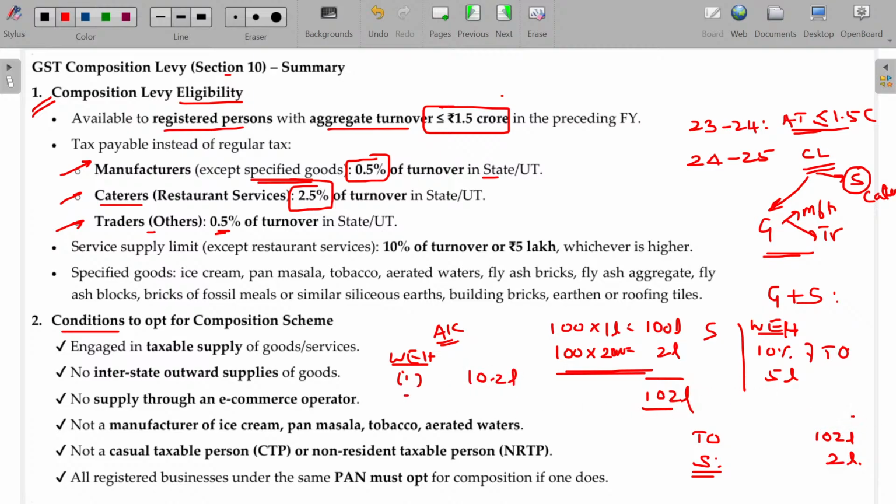Another one being the ceiling, 5 lakhs. Between these two, whichever is higher, 10.2 lakhs. Here, the service collection is only 2 lakhs, which is less than the stated limit, so still he can enjoy the composition levy. If I am the supplier of goods, I may have a small portion of services also.